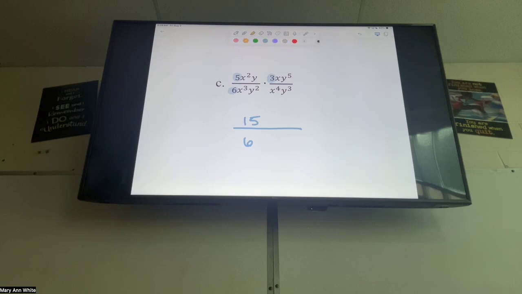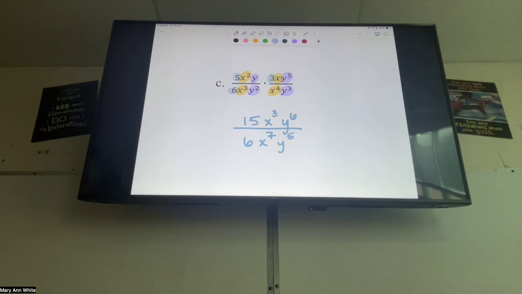Now with my x's, x squared times x, what am I going to do with that? x to the third, I get to add those together. Same thing on the bottom, x to the third times x to the fourth is going to be x to the 7th, good. And then now we'll do our y's. y times y to the 5th is y to the 6th. And then y squared times y to the 3rd is y to the 5th, good.